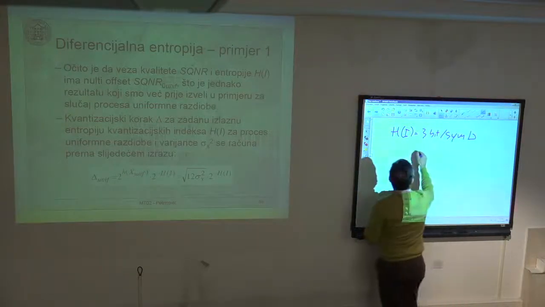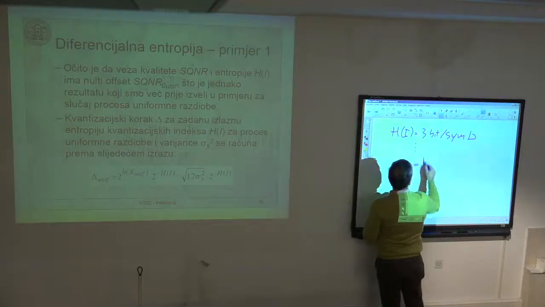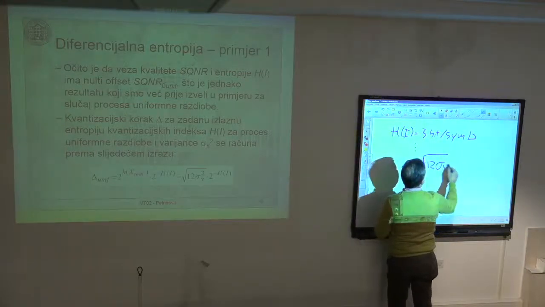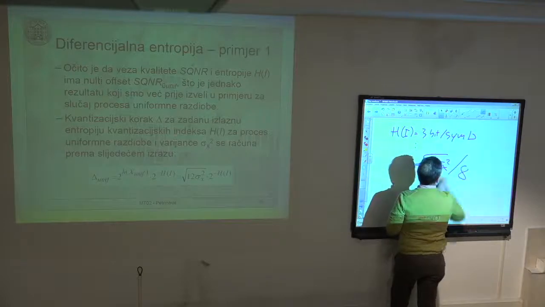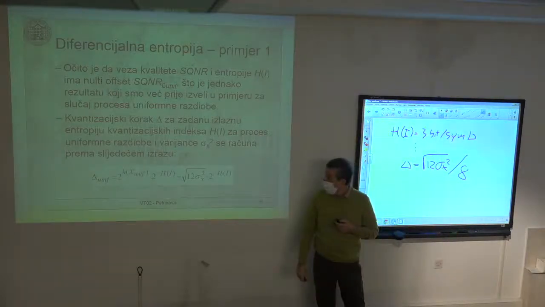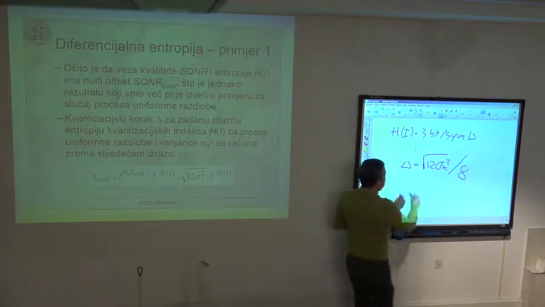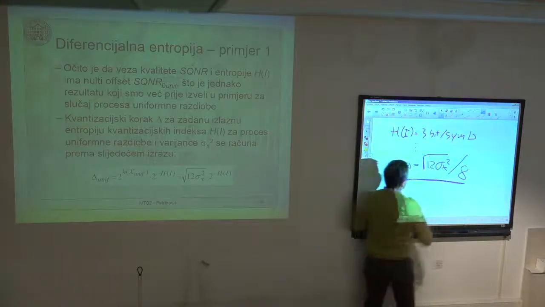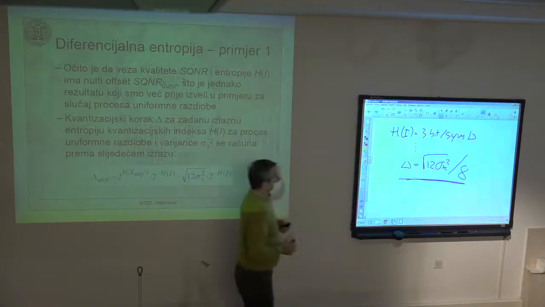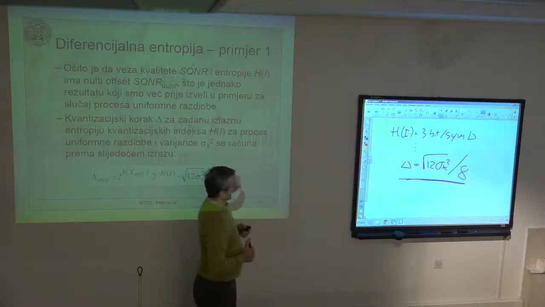So delta is the square root of 12 sigma_x squared divided by 8.